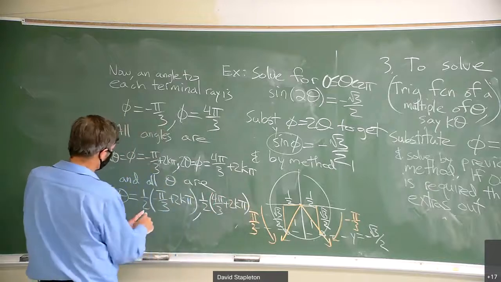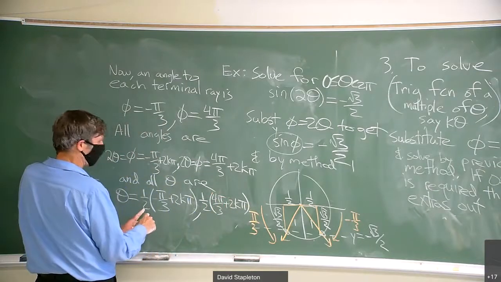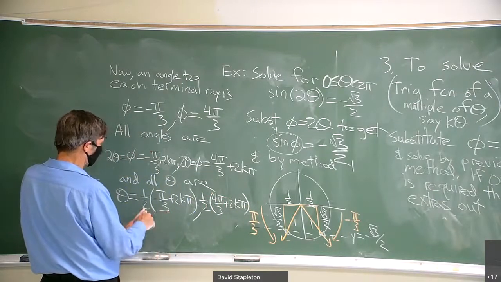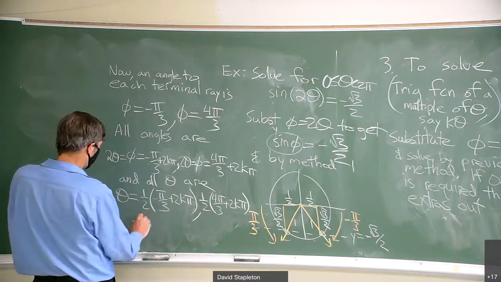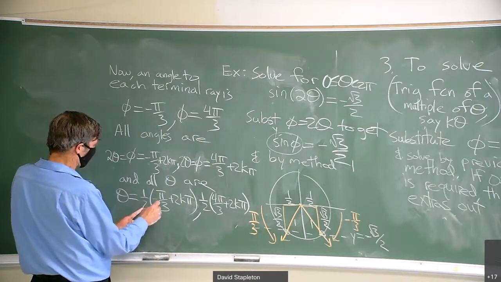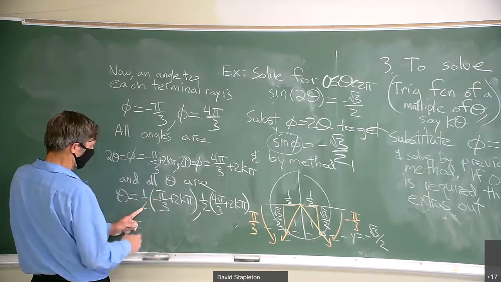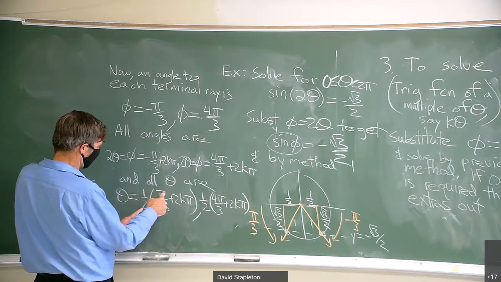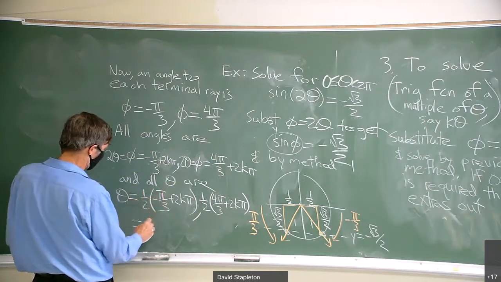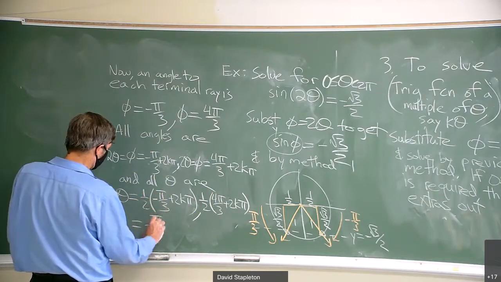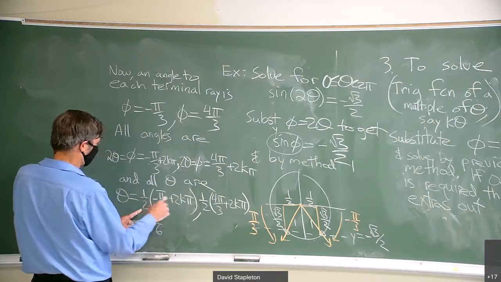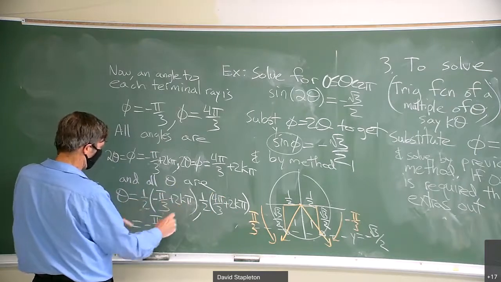And now you have to distribute the half. This one times this one, plus this one times this one. What's a half times minus pi over 3? You take top times top, and you get minus pi, over bottom times bottom is 6. So you get minus pi over 6, and then a half times 2k pi, the 2's cancel, and you get k pi.